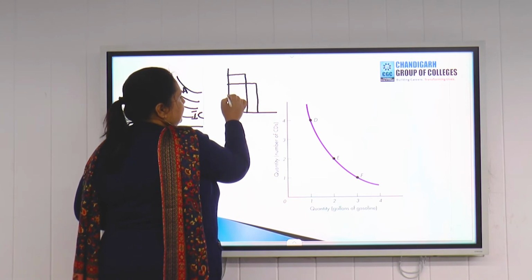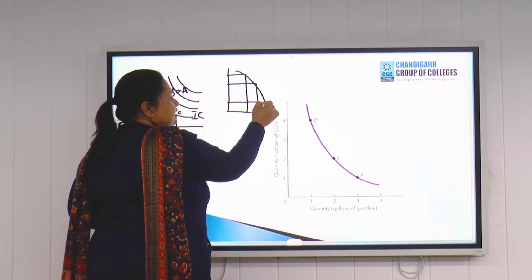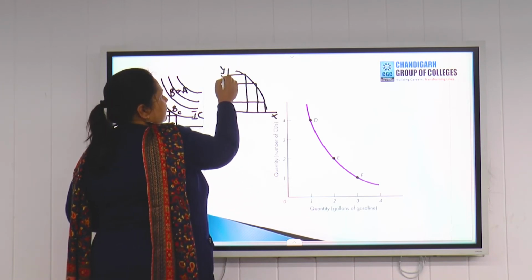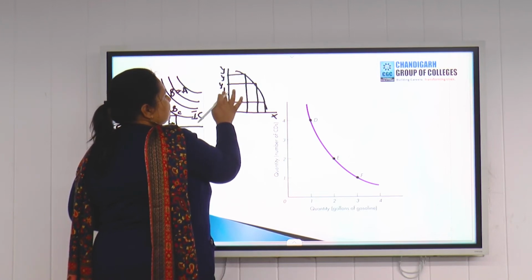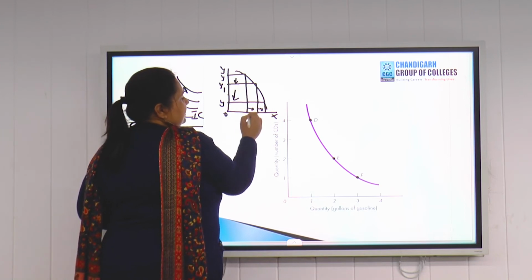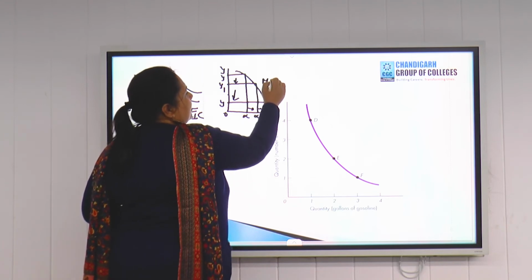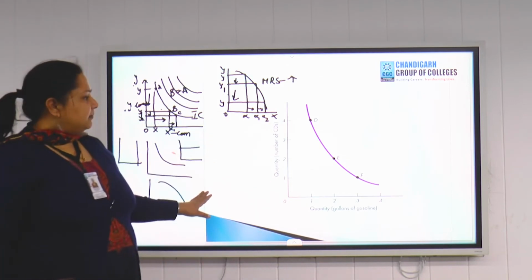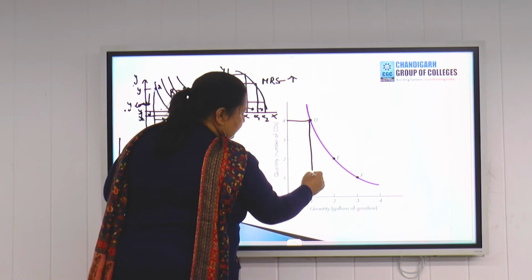I am drawing it again. Like see, now it is concave to the origin. This curve is concave to the origin. And what this is showing is that sacrifice is increasing at each step. So it should be diminishing. Here marginal rate of substitution is increasing, but it should be diminishing. Like here marginal rate of substitution is decreasing.